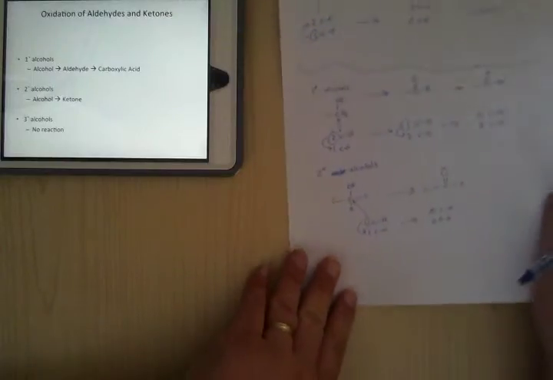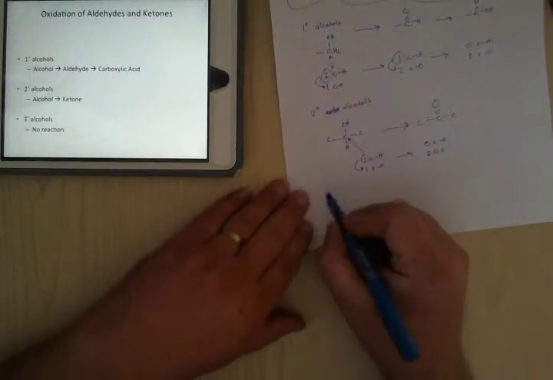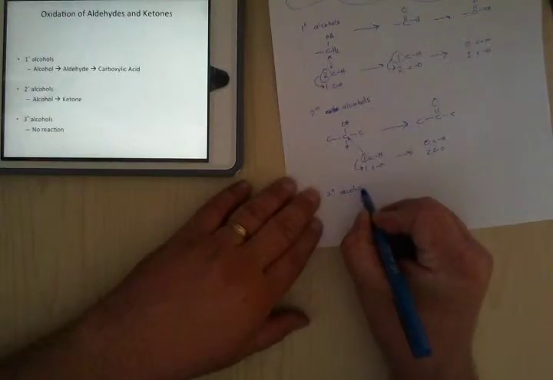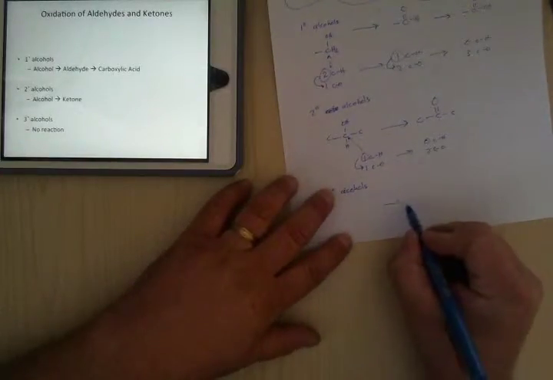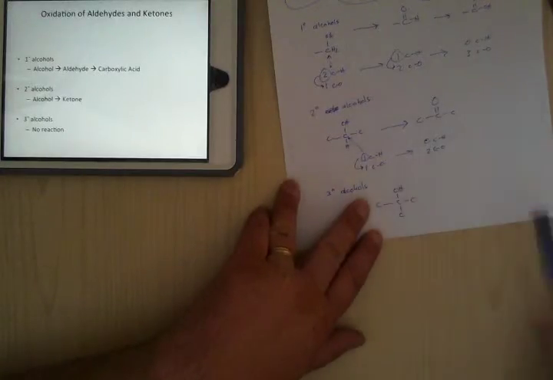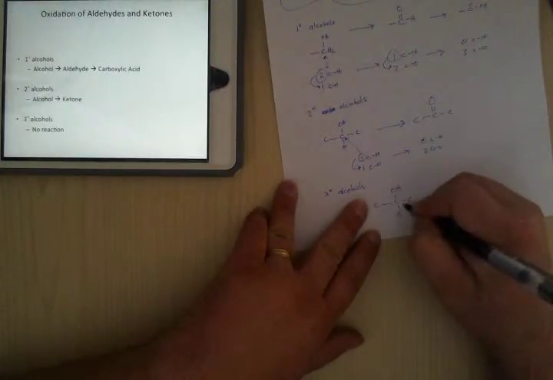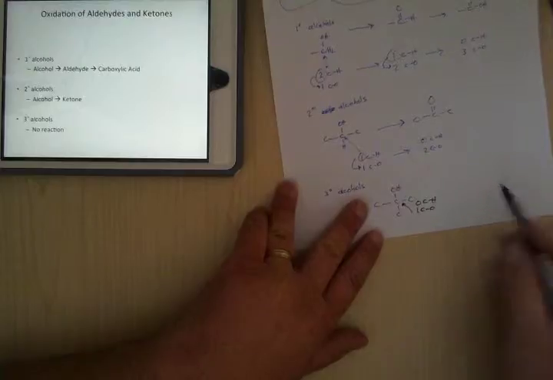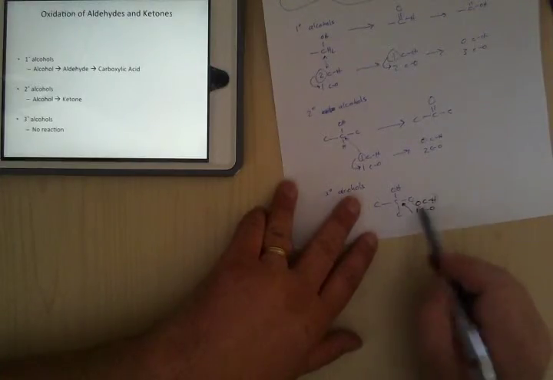Now with tertiary alcohols, they look like this. This carbon has 1 carbon-oxygen bond, but it has no carbon-hydrogen. So it has no currency to be able to do any further oxidation.